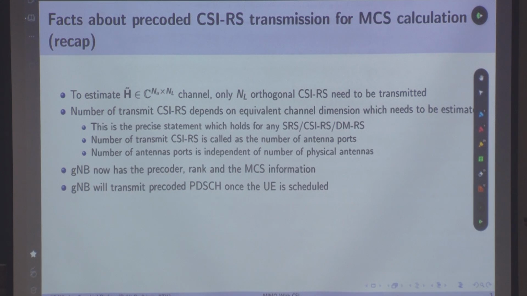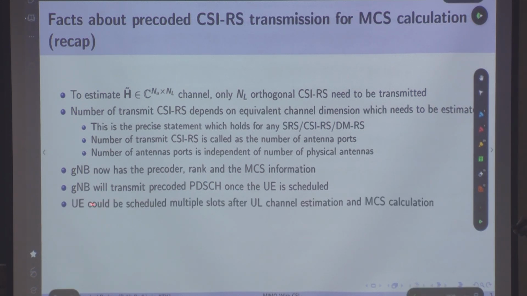All this, the channel estimation and MCS calculation which the UE had fed back, could happen such that the UE is scheduled multiple slots after the UL channel estimation and MCS calculation have been done. The channel could have changed based on the UE speed. It could happen that it has not changed, like if you are sitting here, the channel will not change. So it is basically how the UE channel is evolving, how fast the UE is moving.